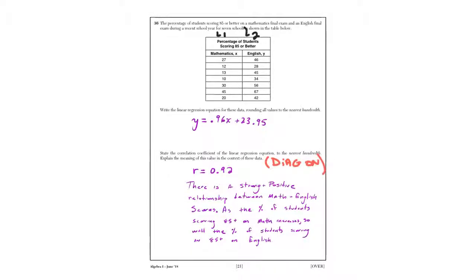When someone does better on math, they traditionally do better on English. Not true for myself, but based on this table, there's a relationship there. So basically, context is just referring to whatever the labels or values are talking about in the particular problem. It doesn't require that much other than you just describing what they are.